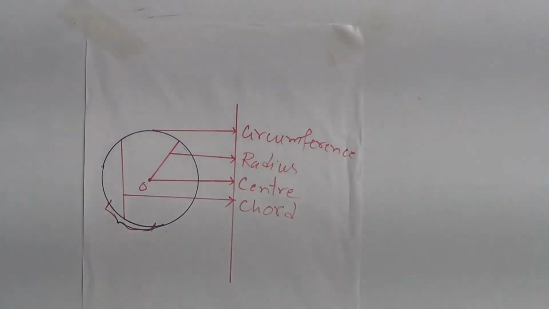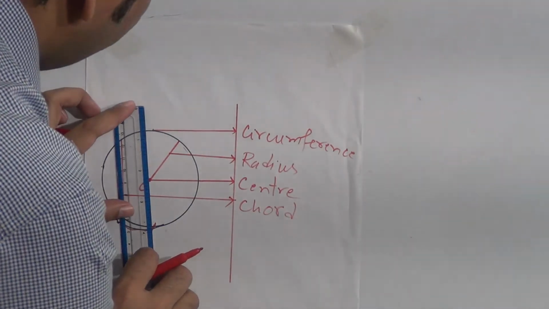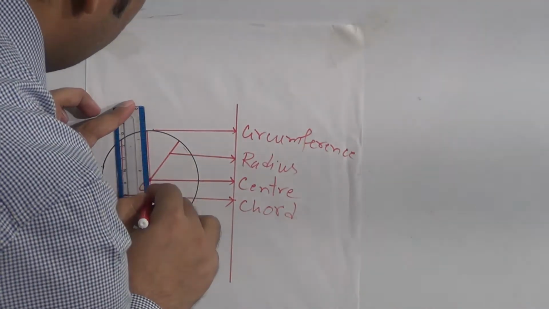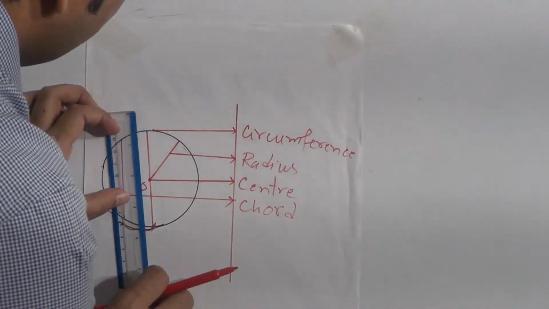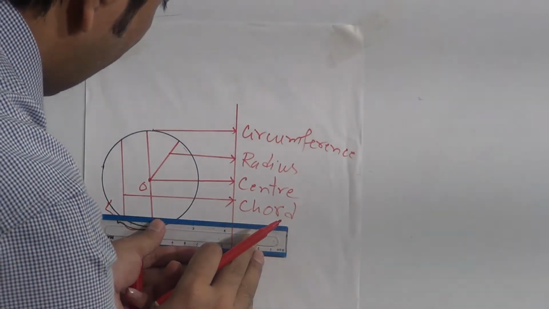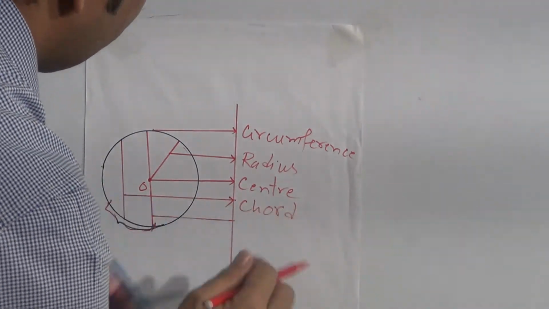This is the chord of the circle. If this type of chord passes through the center, if any chord passes through the center, it is known as diameter. So this is diameter.